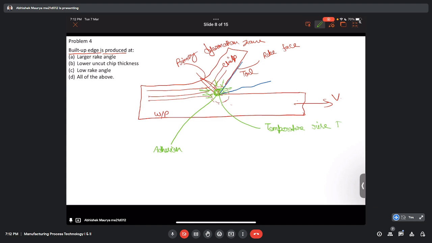There is a tendency of the material near the tool tip to get adhered at the rake face, so addition of workpiece material.